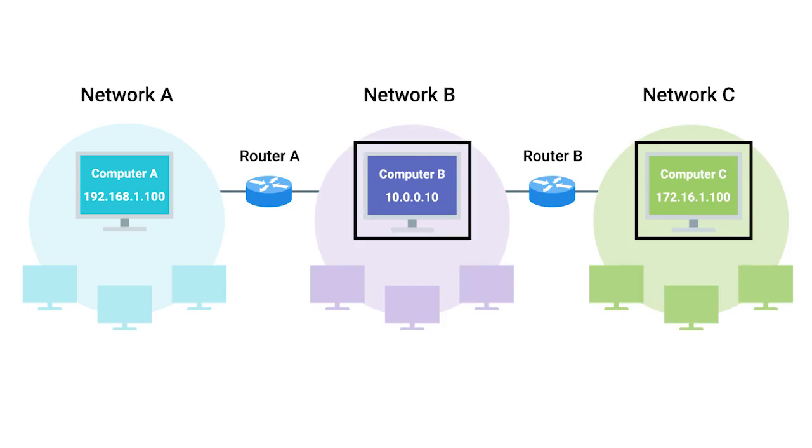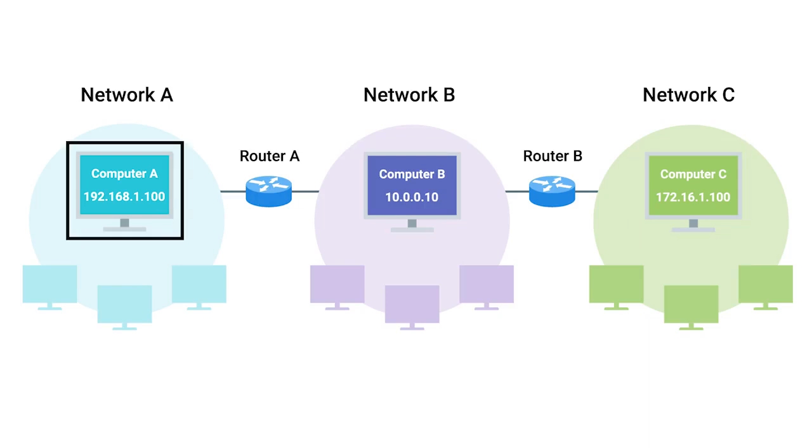Its interface on network B has an IP of 10.0.0.1, and its interface on network C has an IP of 172.16.1.1. This time around, our computer at 192.168.1.100 wants to send some data to the computer that has an IP of 172.16.1.100.